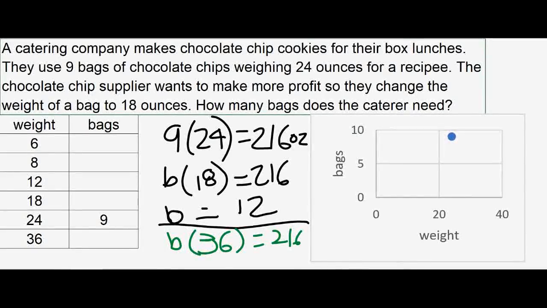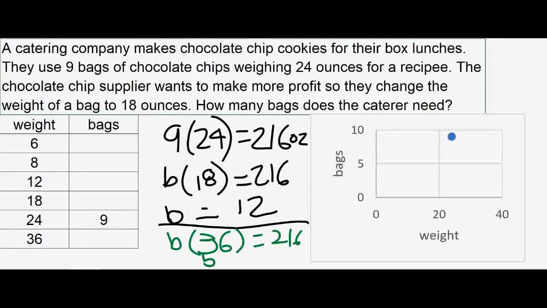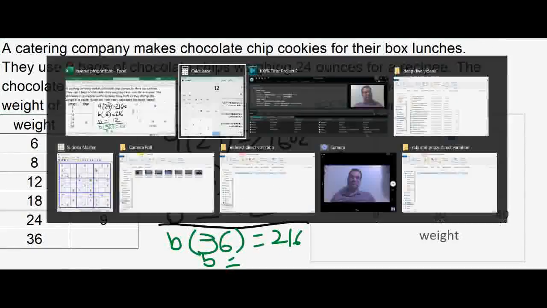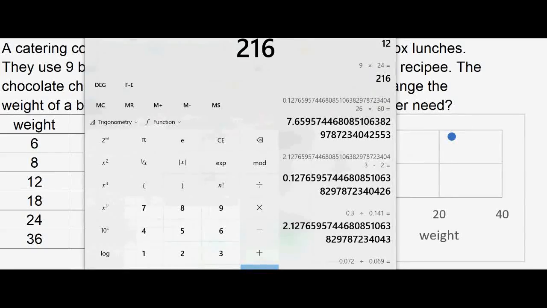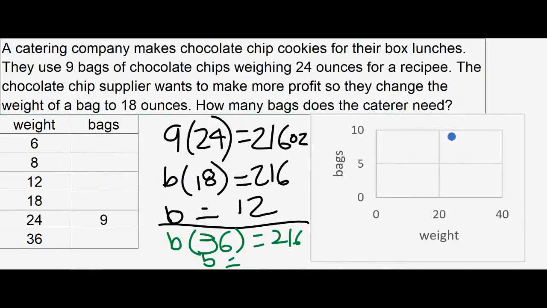If I divide it by 36, I'd end up with B equals 4 bags. That's not right. Let's just do it. 216 divided by 36, 6 bags. So I'd end up with 6 bags.